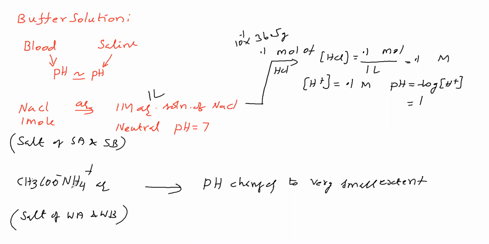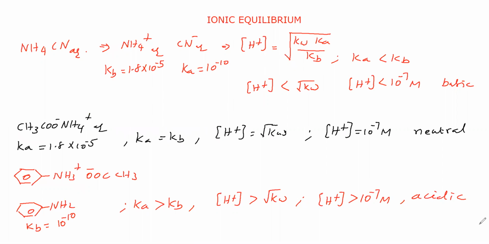What is the other type of salt? We can say weak acid plus strong base. That salt we will take, and to it we have to add some amount of this weak acid. Then this mixture acts as a buffer solution, meaning nearly acting as a buffer solution.